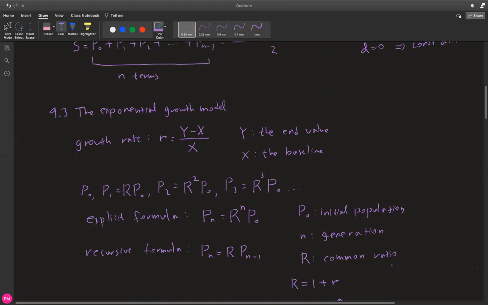It will have language saying that the population grows or decays according to the exponential growth model or linear growth model. And just by being able to read that language, you should automatically know which formula is more appropriate to use for that specific problem.